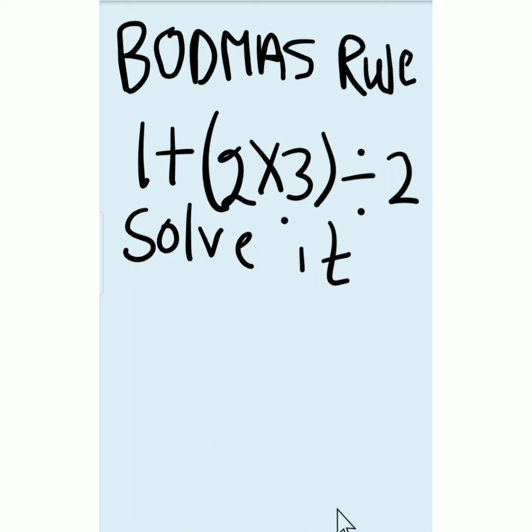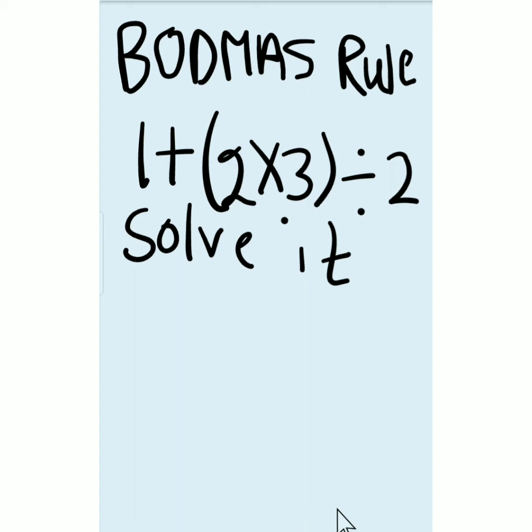Alright, how are we going to solve it? In an exam it won't be specified that the BODMAS rule should be used. They won't say simplify this expression using the BODMAS rule. No, you have to keep this rule in your mind and remember the BODMAS rule.